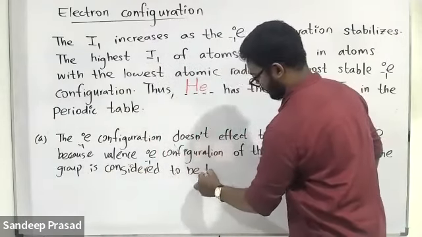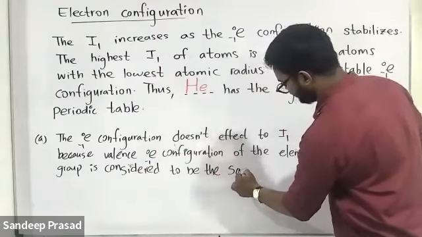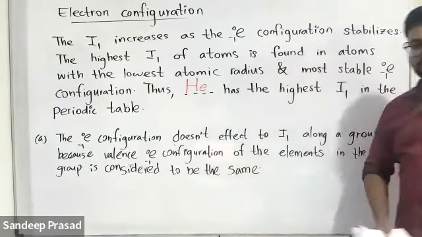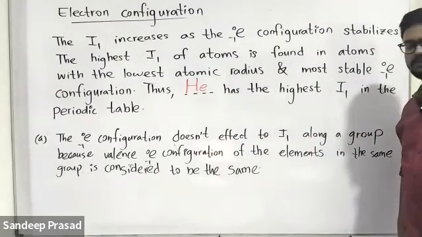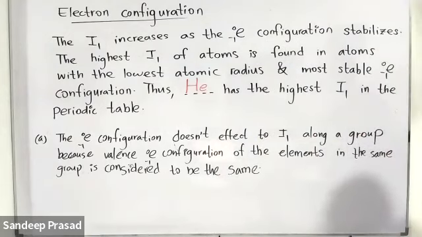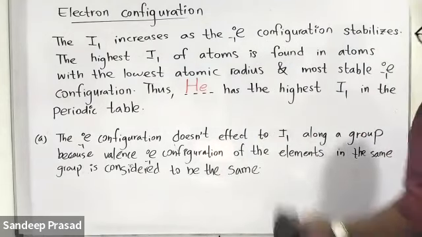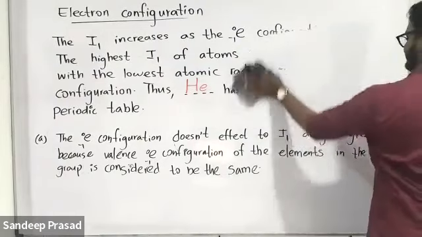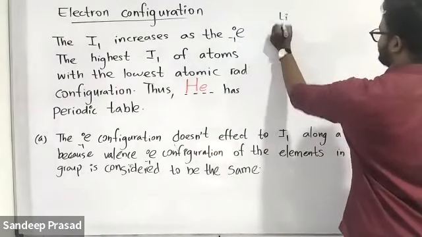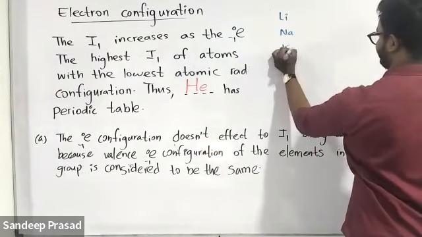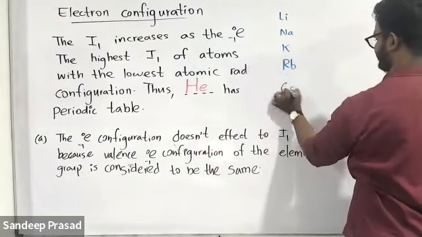Remember students, if you consider the elements in the same group, we don't have to consider the electron configuration. Why? What is the reason? If you consider the same group elements, let's consider lithium, sodium, potassium, rubidium, cesium.